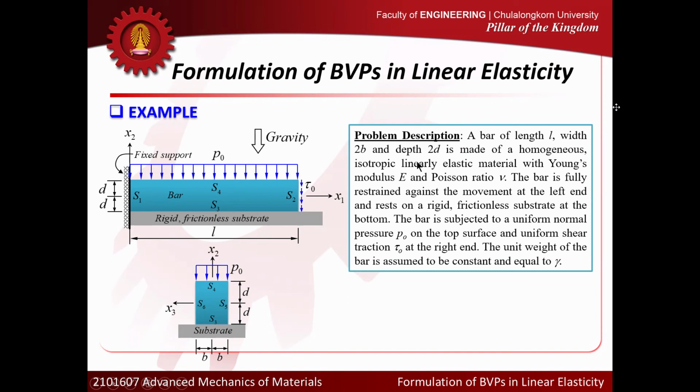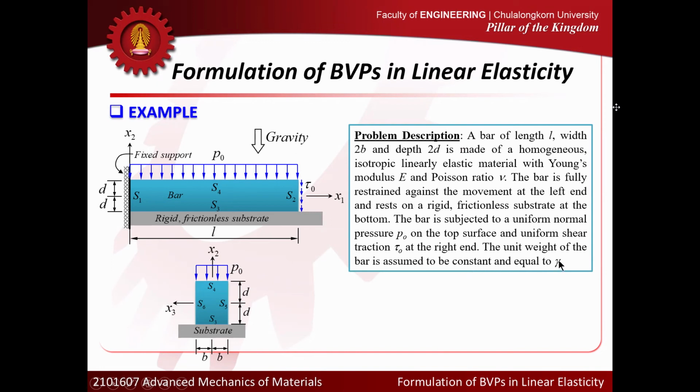Oh, sorry, I know one more condition. Let's say that we have the gravitational force field pointing downward like this. And I give you the unit weight of the beam equal to the constant value gamma.